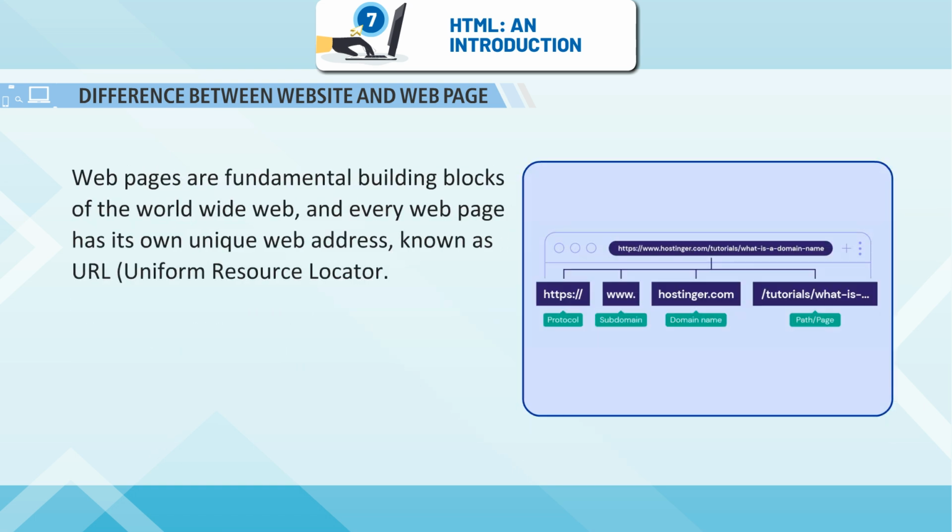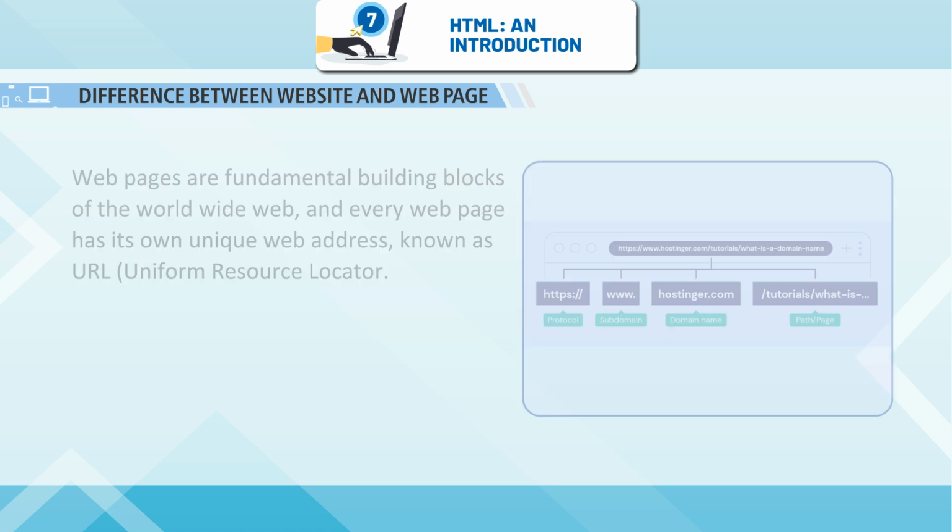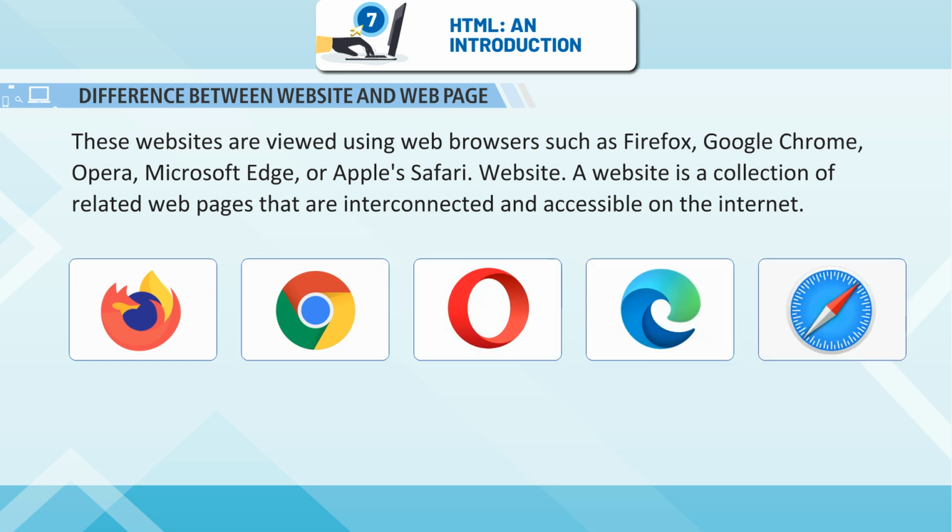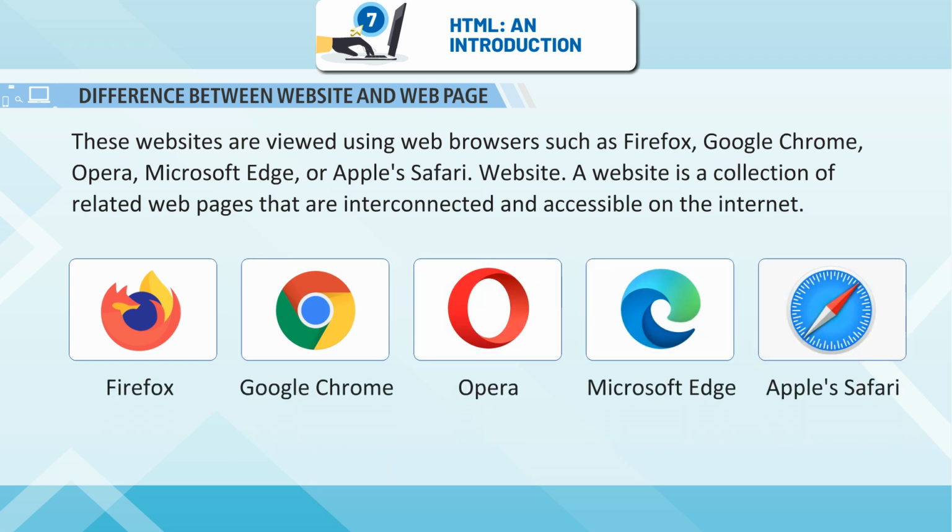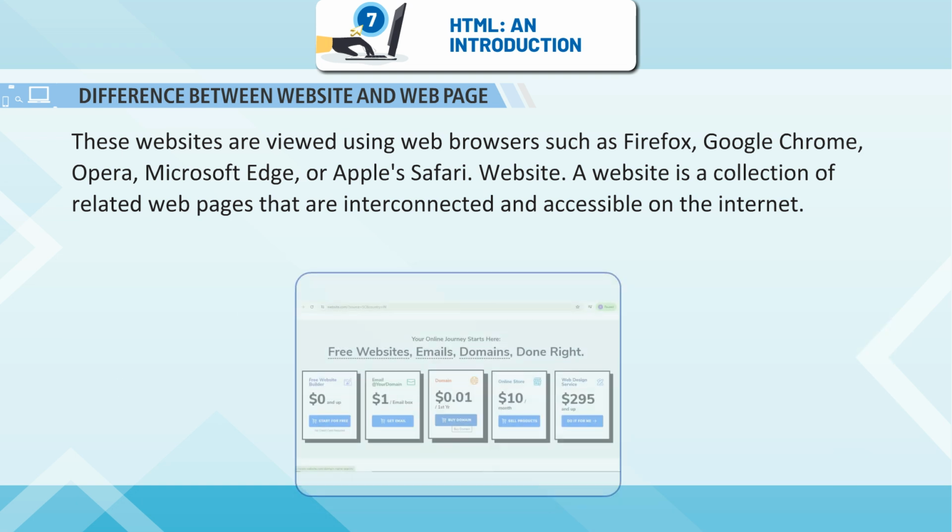Web pages are fundamental building blocks of the World Wide Web, and every web page has its own unique web address known as URL, Uniform Resource Locator. These web pages are viewed using web browsers such as Firefox, Google Chrome, Opera, Microsoft Edge, or Apple's Safari.